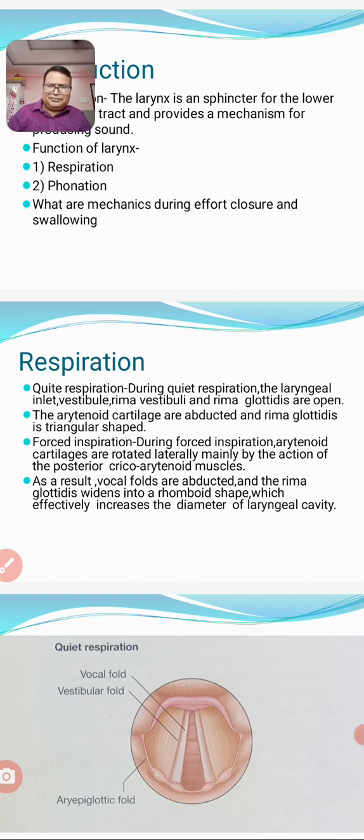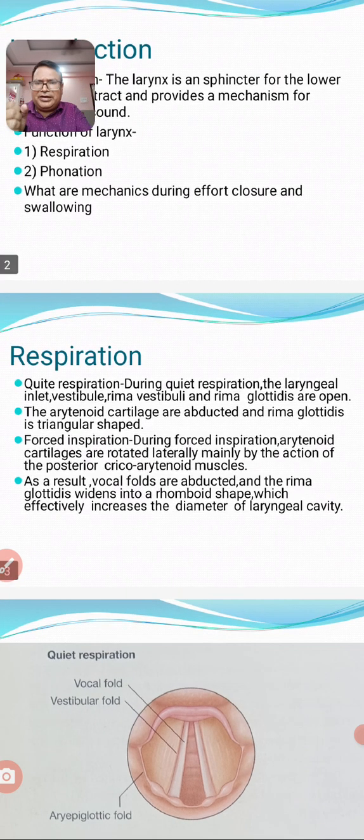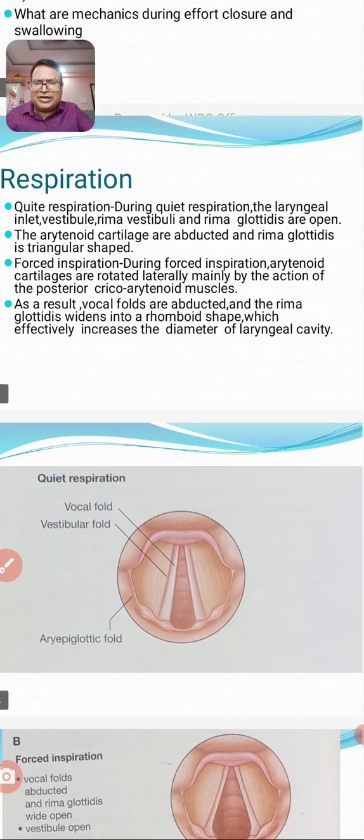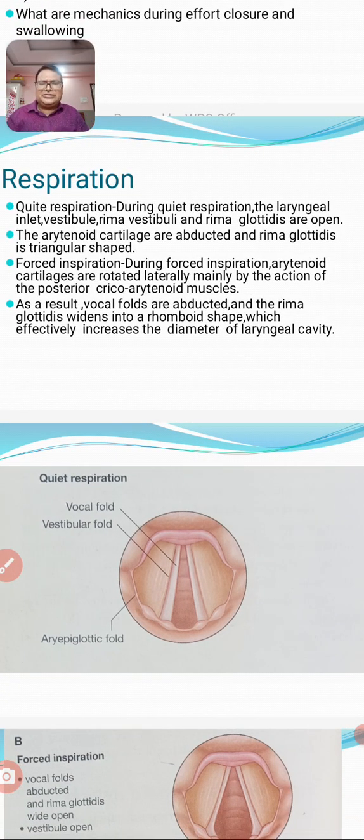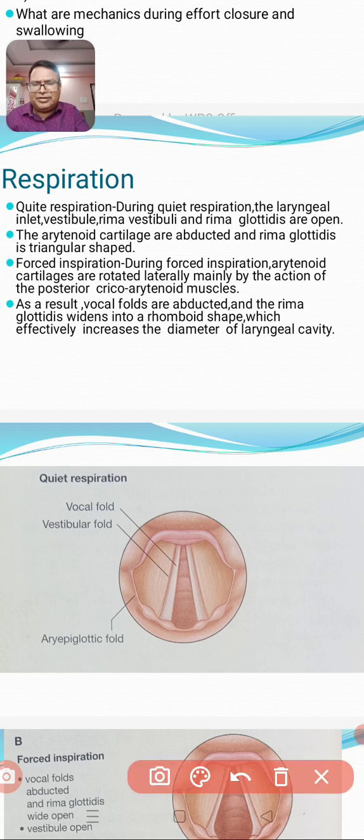During quiet respiration, the laryngeal inlet, the vestibule of the larynx, the rima vestibuli and the rima glottis are open, and the arytenoid cartilages, which are pyramidal in shape and have a rotatory movement, are abducted, and the rima glottis is triangular in shape.